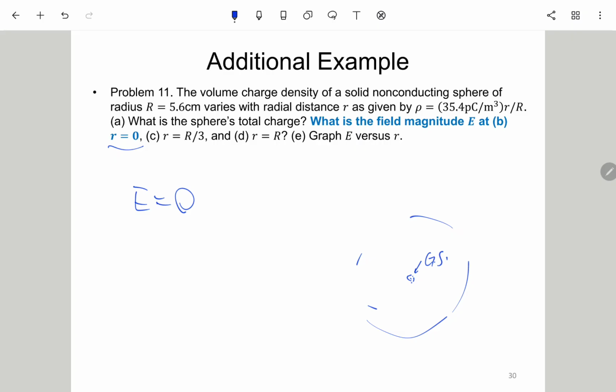So the E field, enclosing almost nothing, turns out to be 0. So for question B, it is nothing.